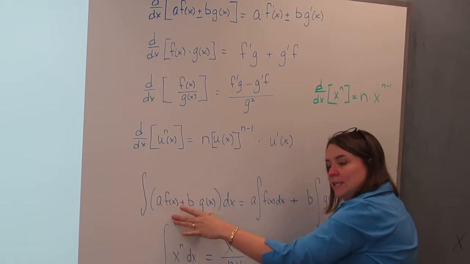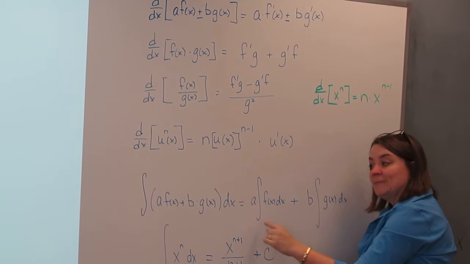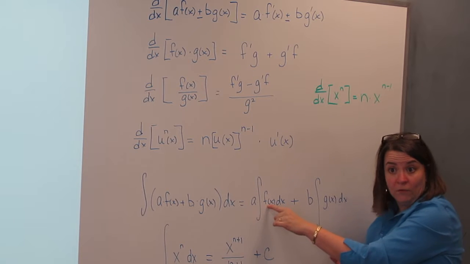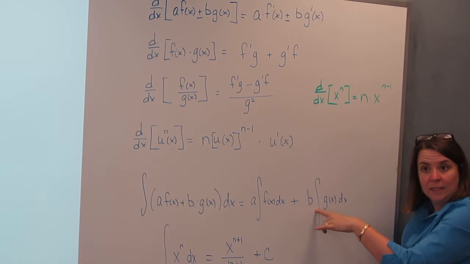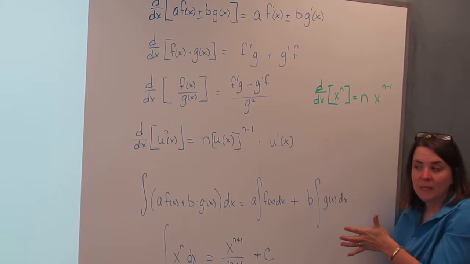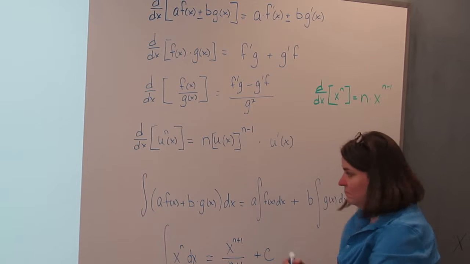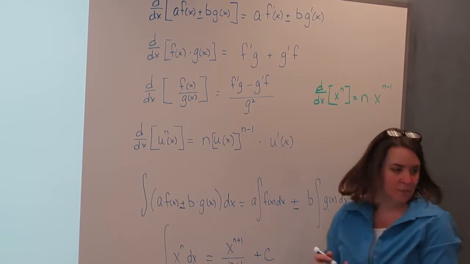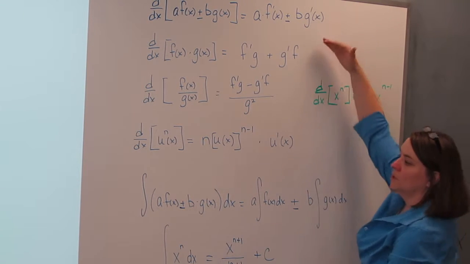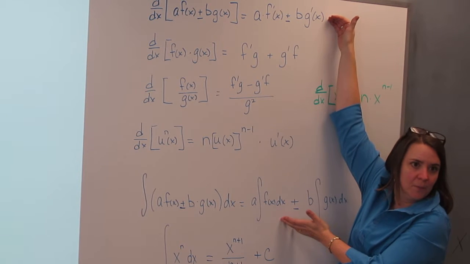So if I'm integrating this sum, I'll end up with a times the antiderivative of f, whatever that is, plus b times the antiderivative of g, whatever that is. That's term by term integration. Works the same way for subtraction. So there is an analog between differentiation and antidifferentiation, term by term.